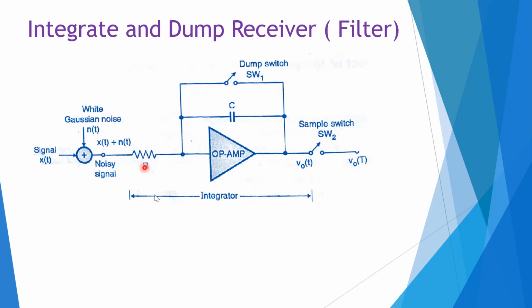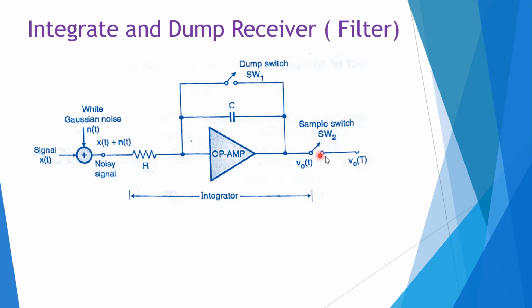In the previous block diagram, one block is the integrator. We can see the circuit for the same here. The noisy signal is given to the integrator. Here we can see a switch known as the dump switch SW1 and the capacitor, and one more switch, switch 2, which is known as the sample switch.